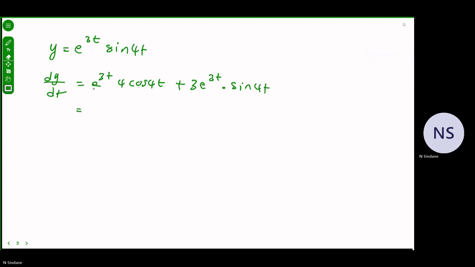From there, I take out the common factor e to the power 3t, and I'm left with 4 cos of 4t plus 3 sine of 4t. That is my solution.